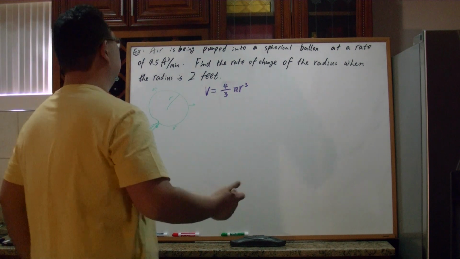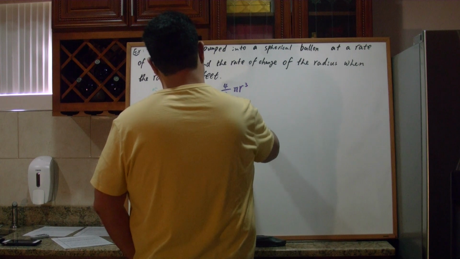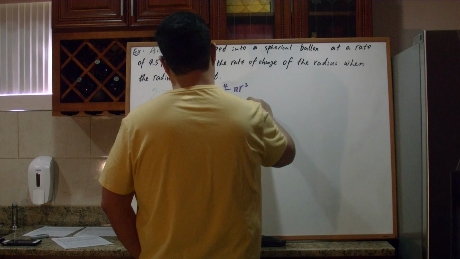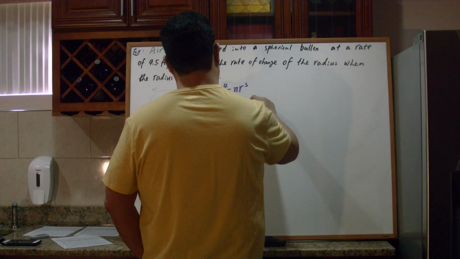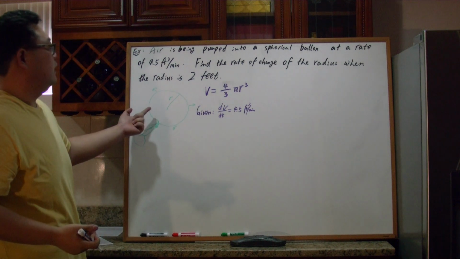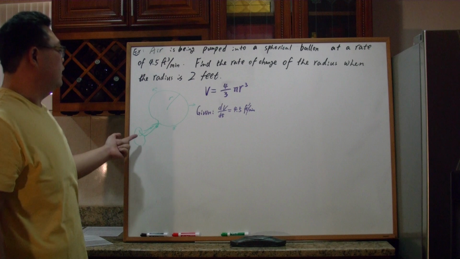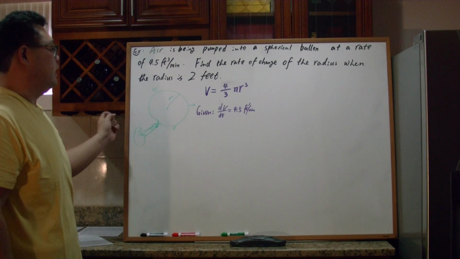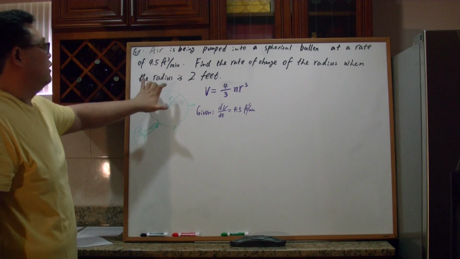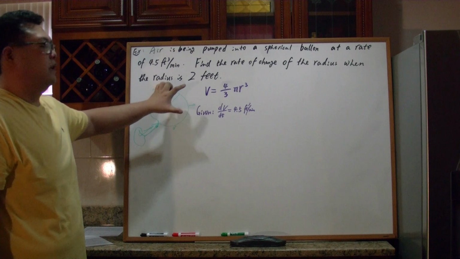Given that dV/dt is 4.5 cubic feet per minute. Since the pump is just putting air into the balloon, the rate of change of the air pumped will be the rate of change of the volume.